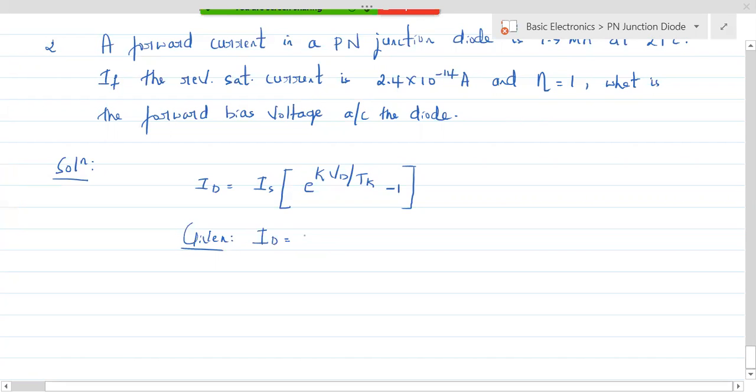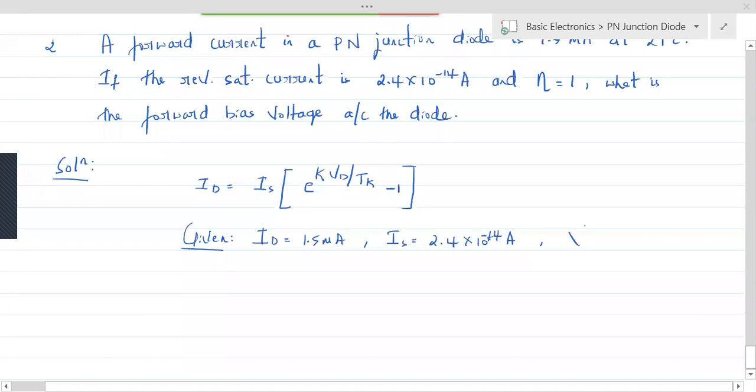That's given as 1.5 milliamps. IS is given, that is 2.4 into 10 power minus 14 amps. What is asked? With all this given, they're asking us what is VD, mind you. What is VD? Or the forward bias, they're very particular. The positive VD, the forward bias.